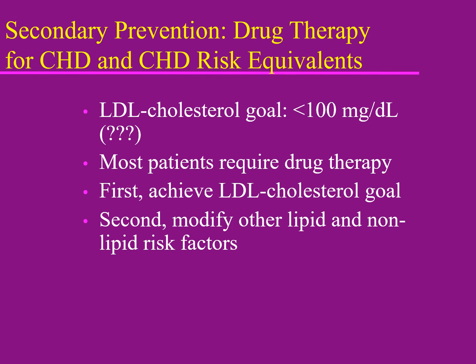In those people, ATP3 suggests that we get them down below 100, and the AACE guidelines suggest that we definitely get diabetics' LDL down below 100. Most patients will require drug therapy to get below 100, and then we try to achieve the LDL goal, and then we look at the other factors such as triglycerides, etc.